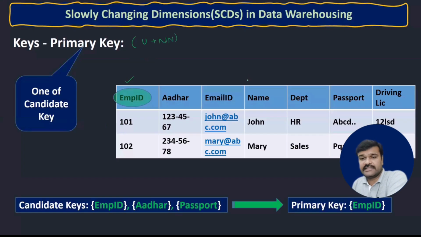But mandatorily every table should have a primary key. So the primary key is always 1. If you take candidate keys, there may be 0 or more candidate keys, but the primary key is always 1 in any table.